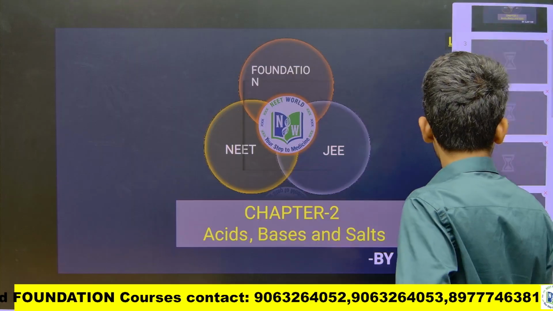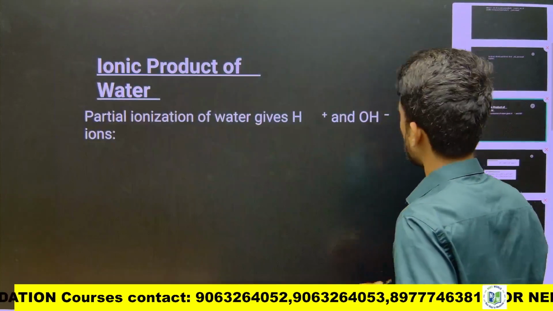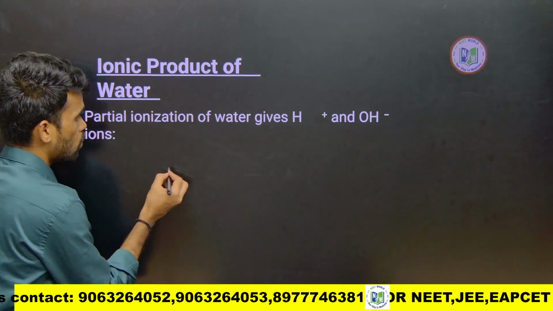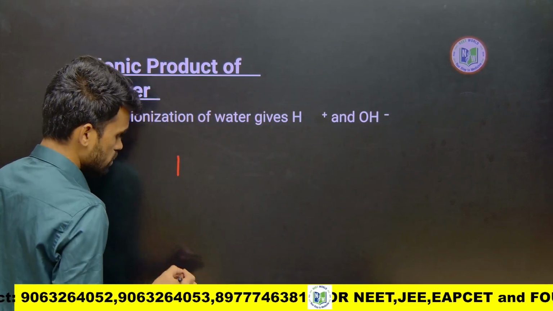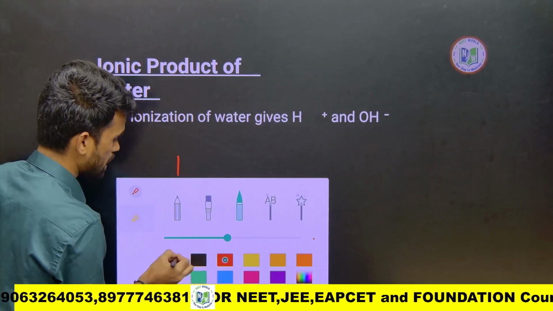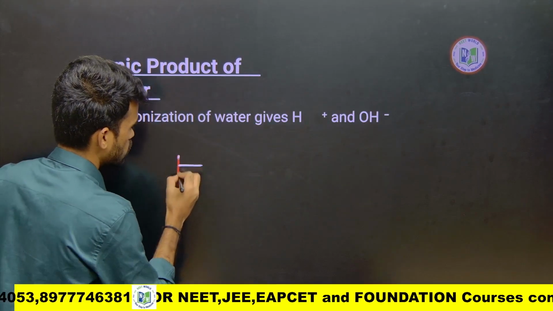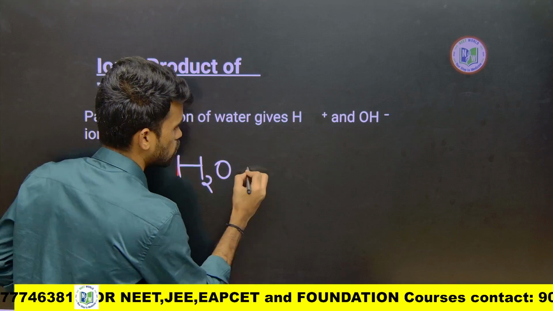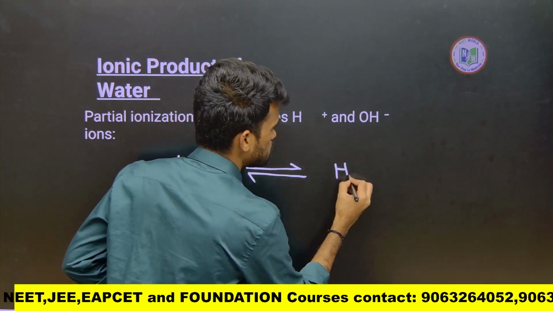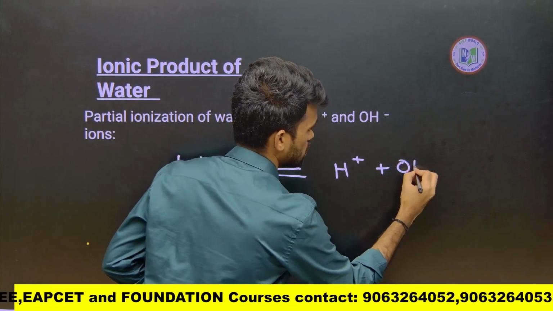Here we will be discussing the ionic product of water. So what exactly is the ionic product of water? We know water undergoes self ionization and forms H plus and OH minus ions. Water is a weak electrolyte, it will undergo self ionization to form H plus and OH minus ions.